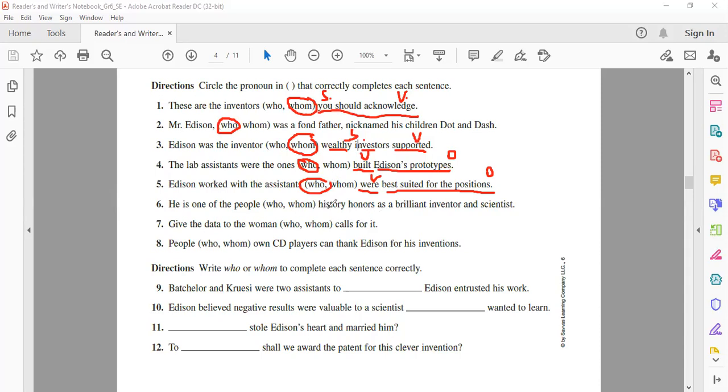History honors as a brilliant inventor and scientist. Where is the verb? The verb is honors. Honors as a brilliant inventor and scientist.